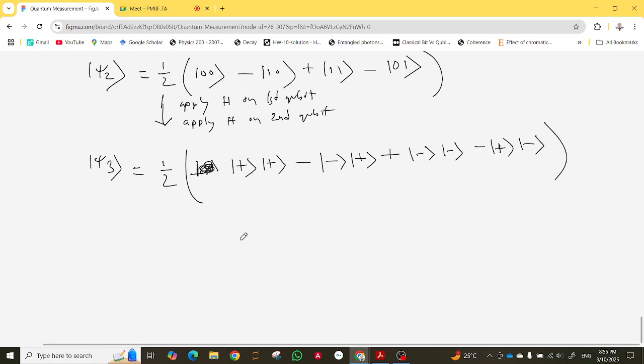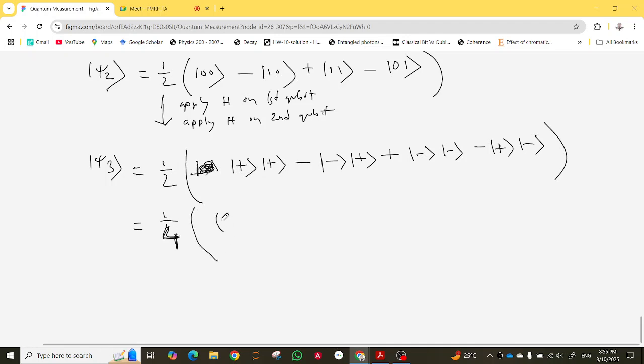Now if you want to know psi 3 in terms of 0 and 1, just write the plus and minus states in terms of 0 and 1. Okay, so you will get 1 by 2 outside. 1 by root 2 times 1 by root 2 gives 1 by 2, so this will become 1 by 4.